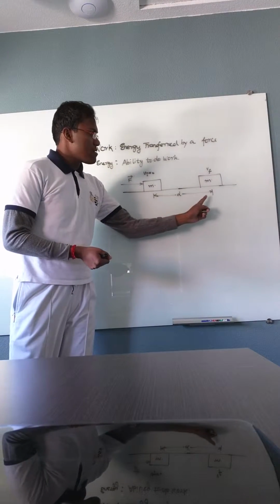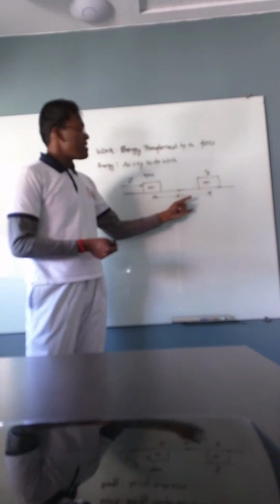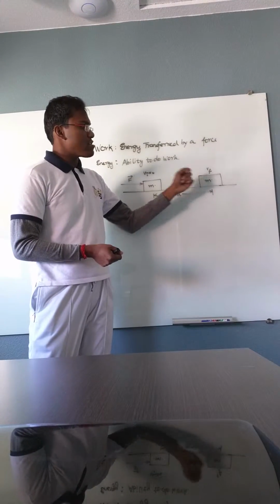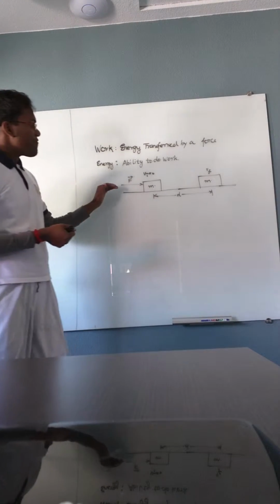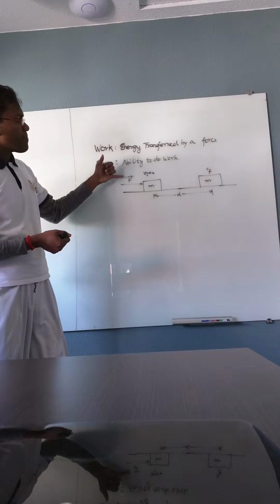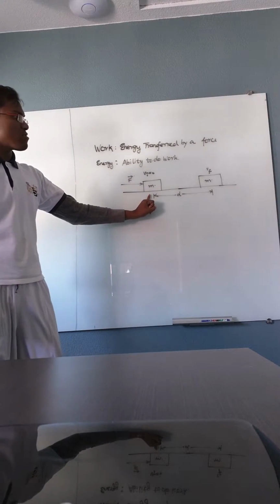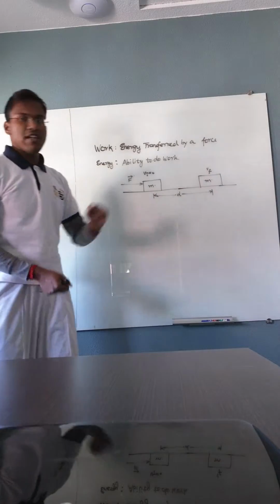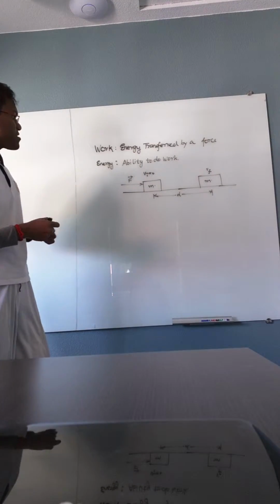Let's consider the displacement of the object to be d meters, and after d meters suppose its final velocity is v subscript f. Now what is the work done by this force to move the object from a state where initial velocity was 0 to a state where final velocity is v subscript f? So we'll derive an expression for this.